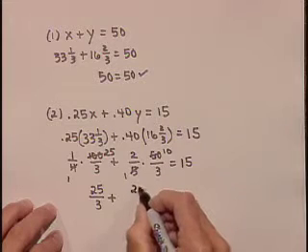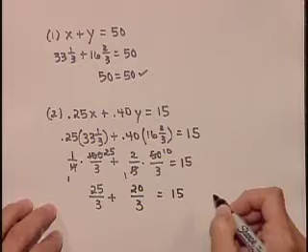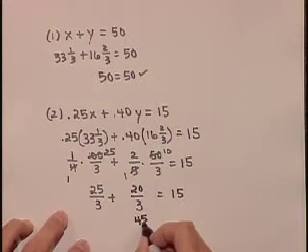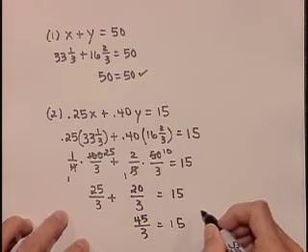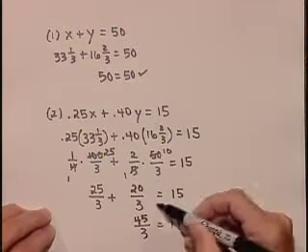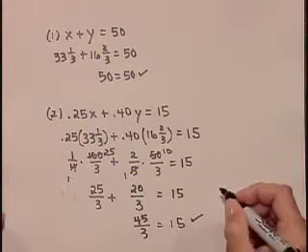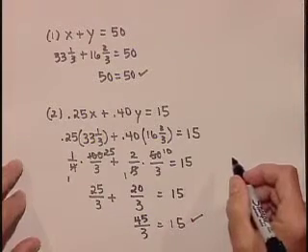Multiplying straight across, that is 20 thirds. Adding the numerators then, we get 45 thirds. Is that equal to 15? Yes, indeed. As we divide 45 by 3, we do indeed get 15. Our values for x and y worked in both equations, so we can feel confident that we do indeed have the correct solution.